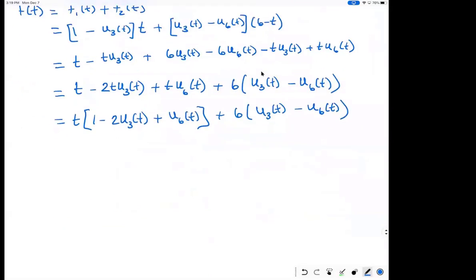Okay, so now we're going to talk about chapter 10.7, and this is where we'll actually solve some differential equations. This is the second shifting theorem.